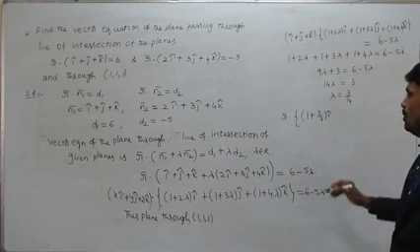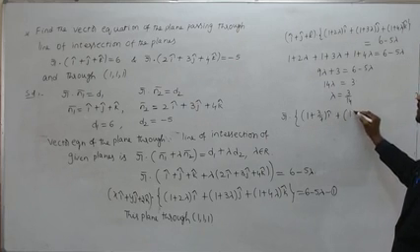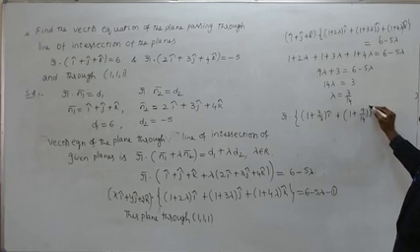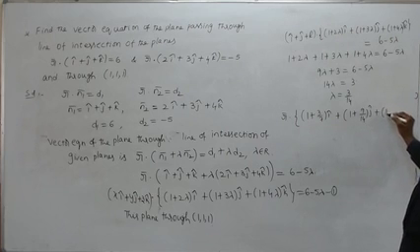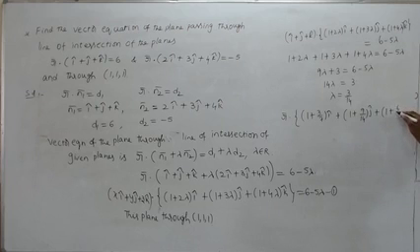Next 1 plus 3 lambda, that is 1 plus 9 by 14 into j cap. 1 plus 4 lambda, that is 1 plus 4 into 3, 12 by 14. 12 by 14 is the same as 6 by 7 into k cap is equal to 6 minus 5 lambda. 6 minus 5 lambda is 15 by 14.